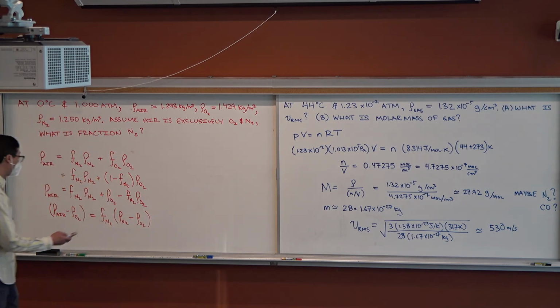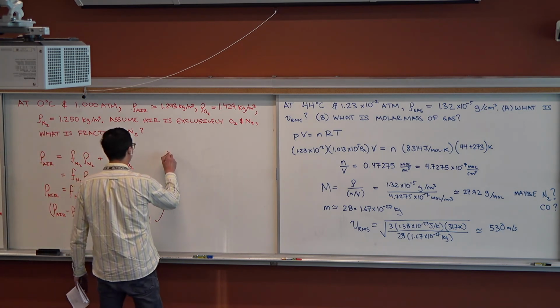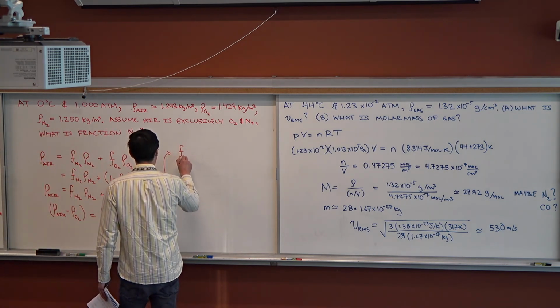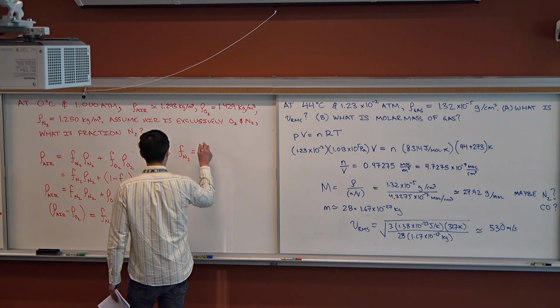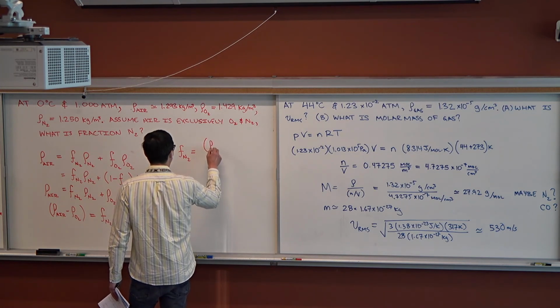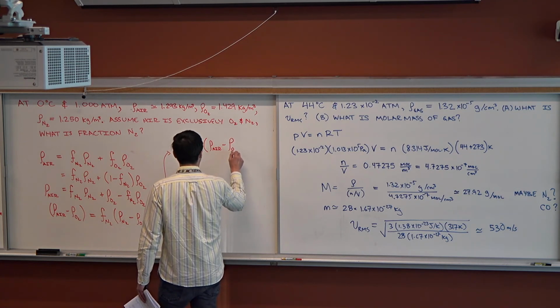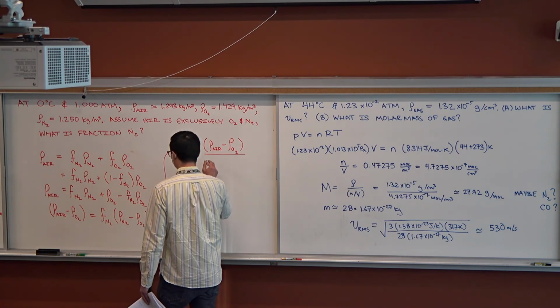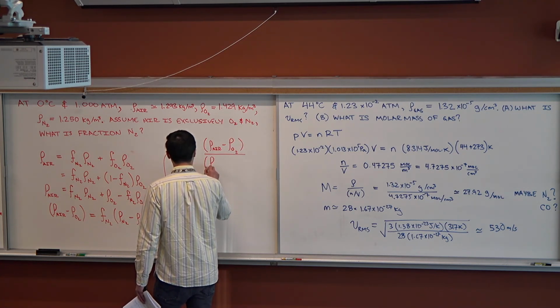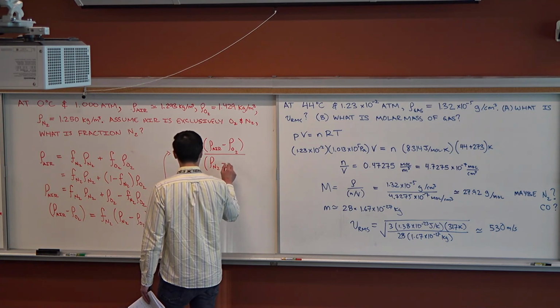Or that Fn2 is rho air minus rho O2 over rho N2 minus rho O2.